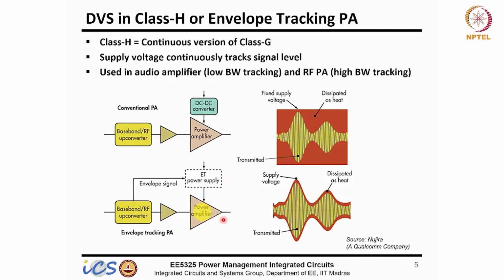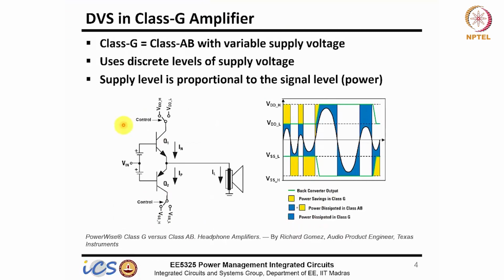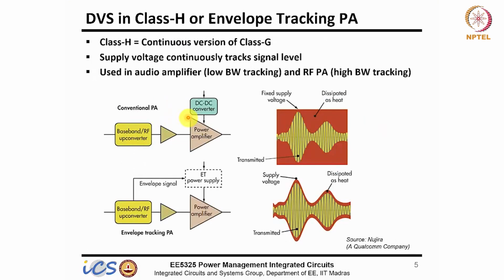So you are doing nothing but regulating the dropout voltage by tracking it with the shape of the signal. That's all you do here. And this is called class H. This is another version of class G. Class G is more discrete in nature, and you can use more levels of supplies if you want. But class H is continuous.